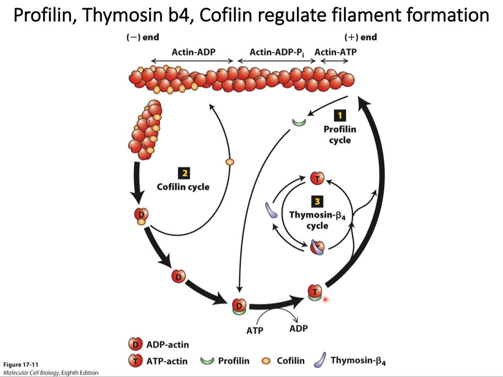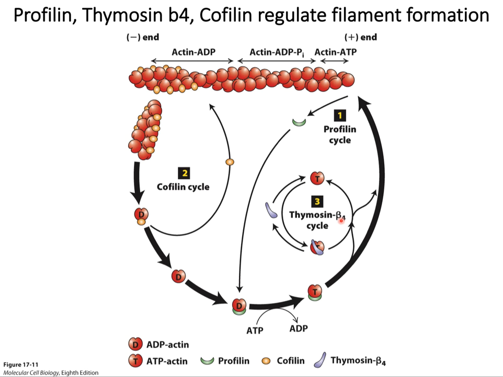An example of a G-actin sequestering protein is thymosin beta 4. Thymosin beta 4 can bind to the ATP G-actin, as shown here in this gray structure, which is the thymosin beta 4, and prevents incorporation of this particular monomer to the plus end of this filament.